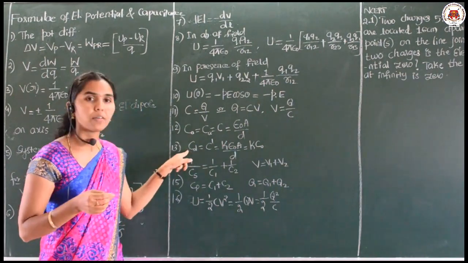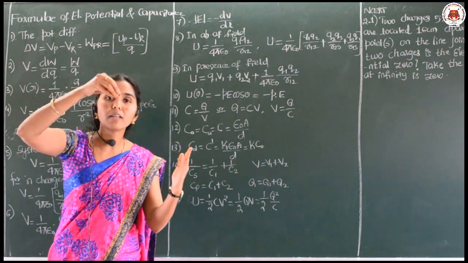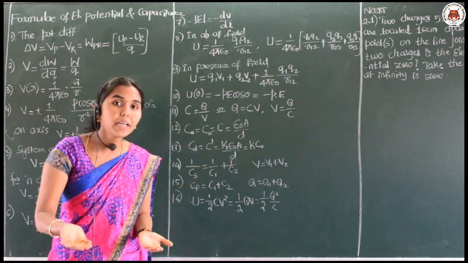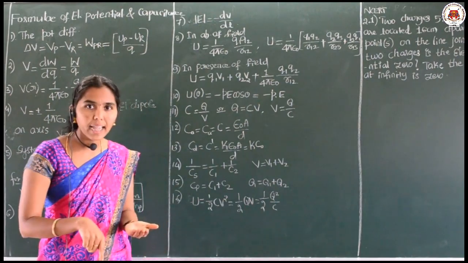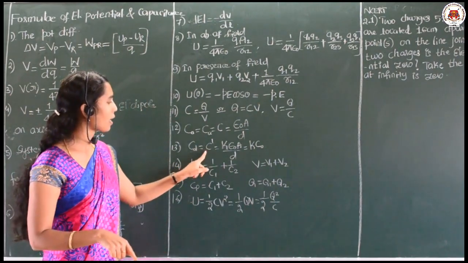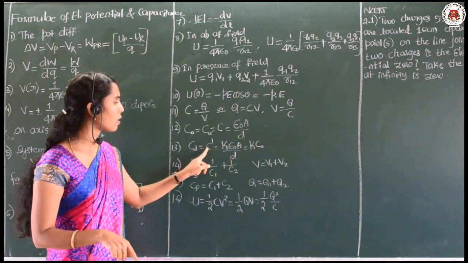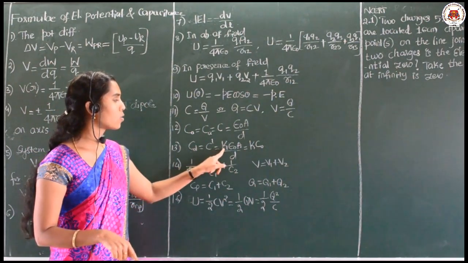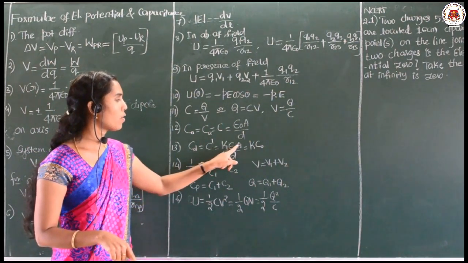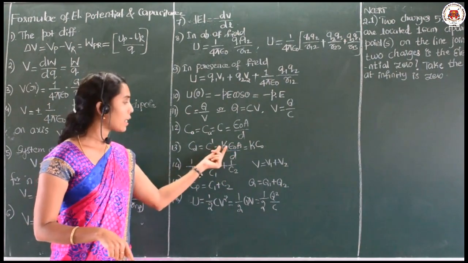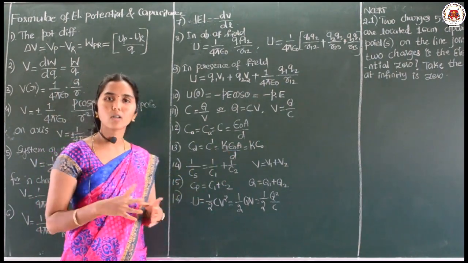Then if the plates are filled with some dielectric medium of constant K, the same formula can be written as C' = Kε0A/d, where K is called the dielectric constant.